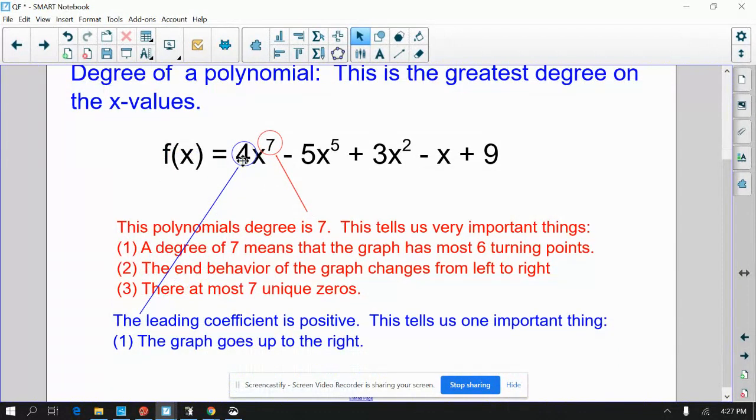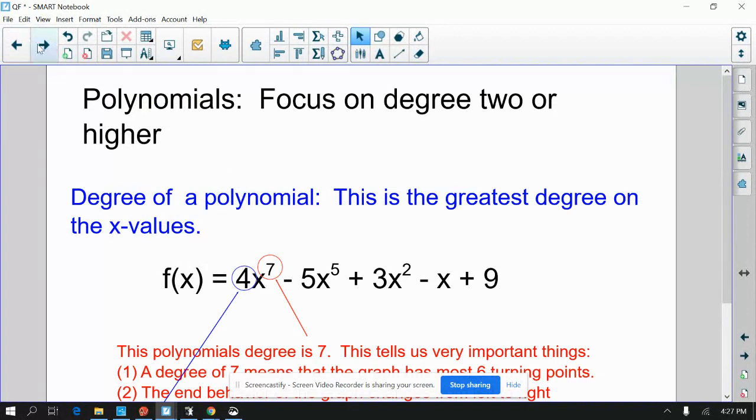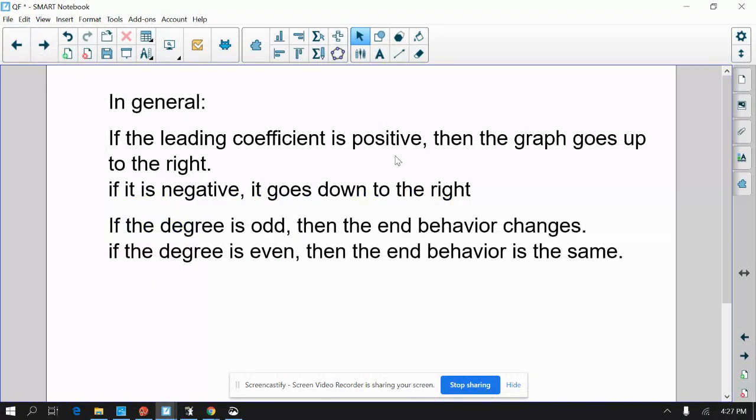And then the leading coefficient tells us one important thing. It's about the end behavior. When you go to the right, since this is positive, it's going up. In general, the leading coefficient, so 4 was that leading coefficient. If the leading coefficient is positive, then the graph is going up to the right.